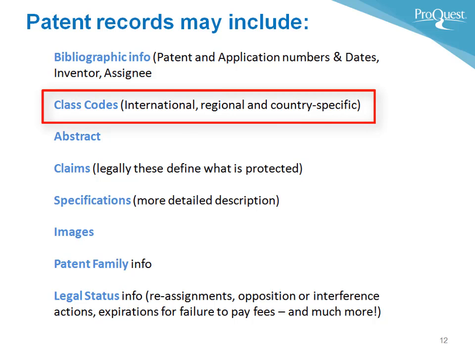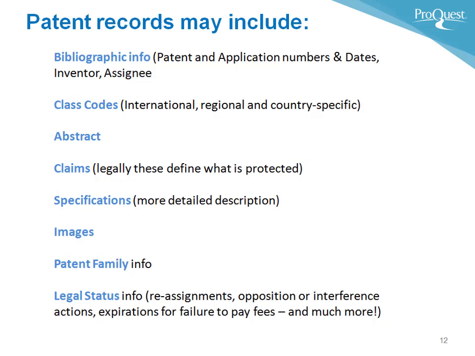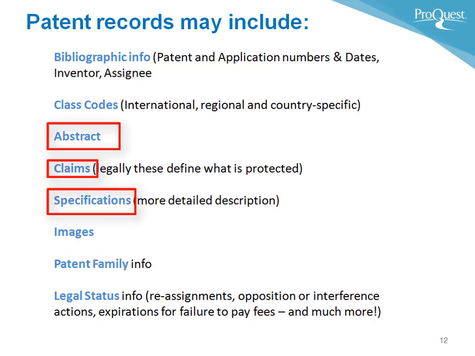These can be used for searching as well. Then there's the actual text, which will include an abstract or a short summary. The claims, which is the part that legally describes exactly what it is you're trying to patent. And there are detailed specifications which expand on all that. Each of these areas can be searched separately or in any combination using the field codes in ProQuest Dialog.